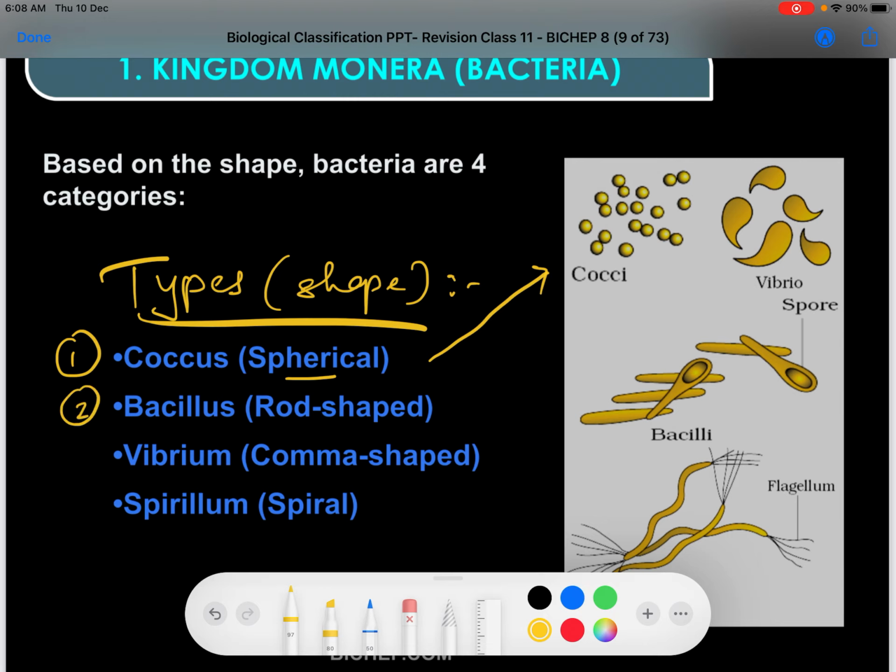Number 2, they are rod shaped, and it is known as bacillus. Number 3, they are comma shaped, and they are known as vibrio. And 4th, they are spiral, known as spirillum.